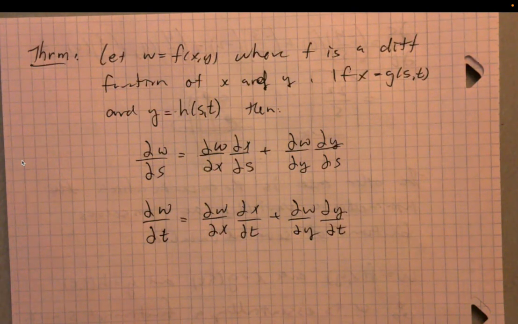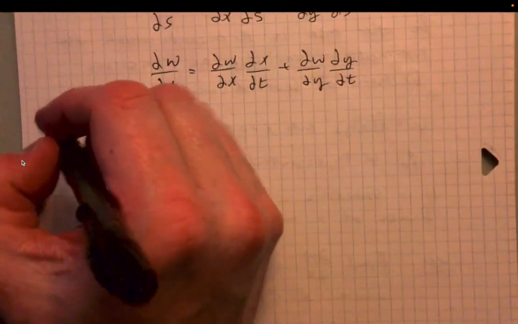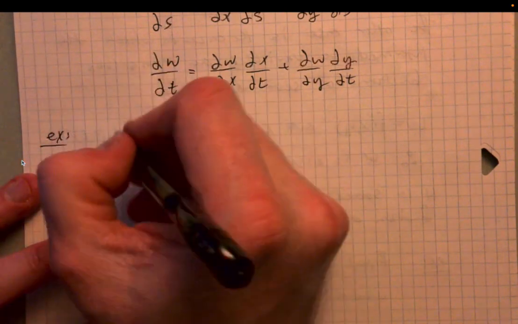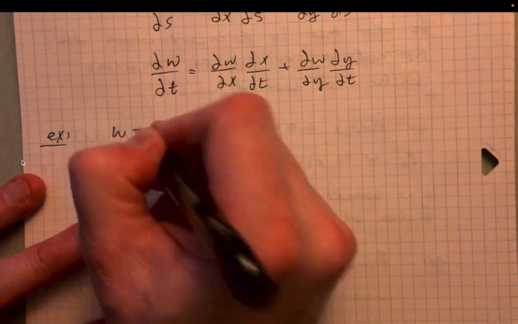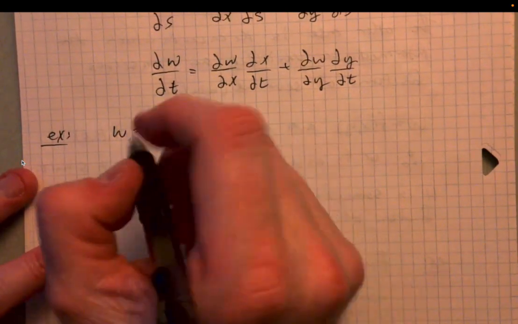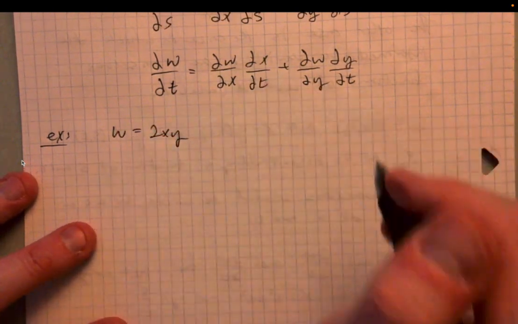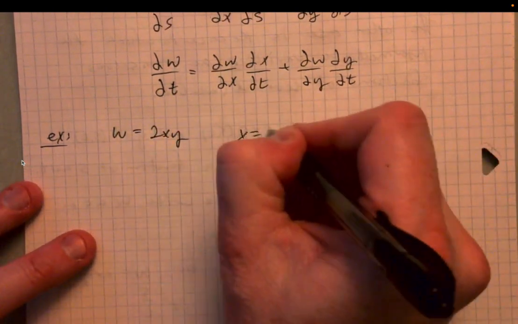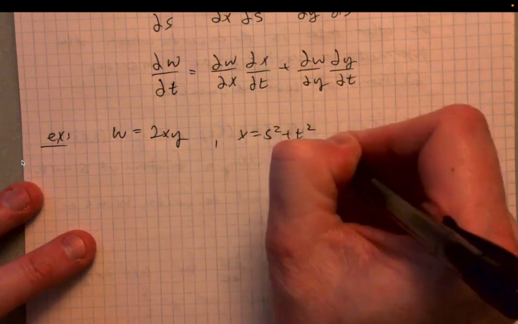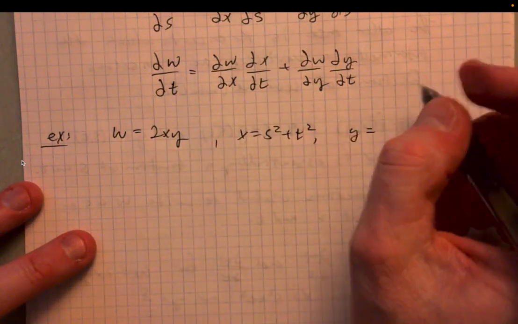So let's use this approach with the previous example. Right, so w equals 2xy, and x equals s squared plus t squared, y equals s over t.